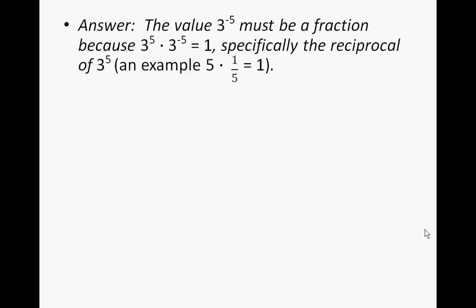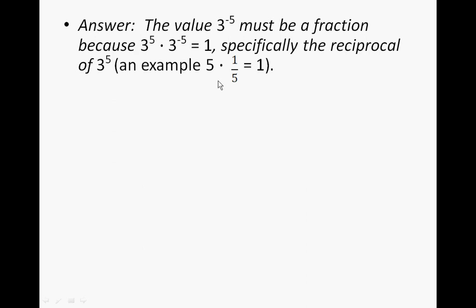So the answer is, the value 3 to the negative fifth power must be a fraction, because 3 to the fifth power times 3 to the negative fifth power has to equal 1, so this value has to be the reciprocal of the first value.